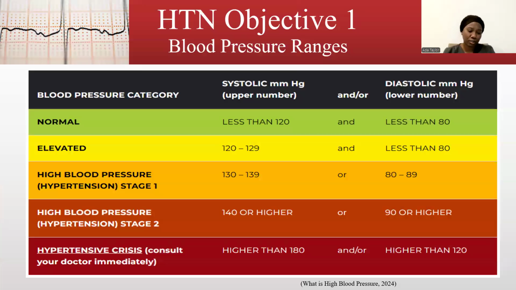Blood pressure ranges. According to What is High Blood Pressure 2024, blood pressure is arranged into different categories based on the numbers. A normal blood pressure is less than 120 over 80.